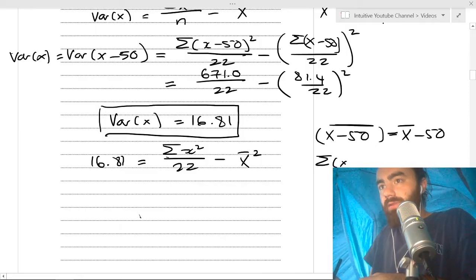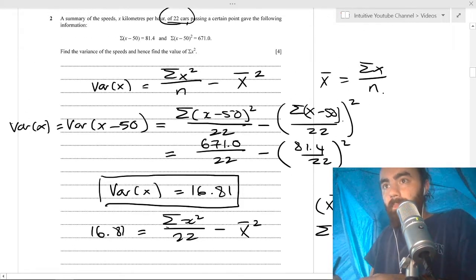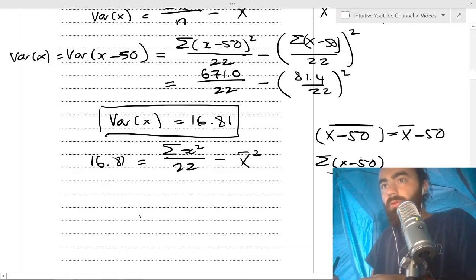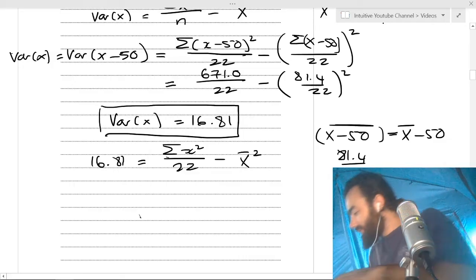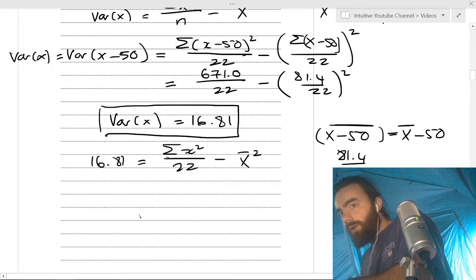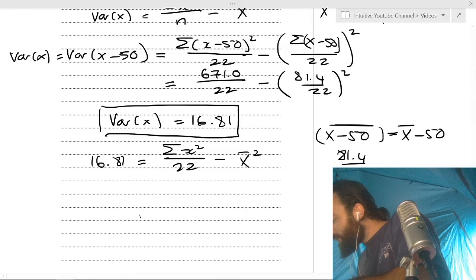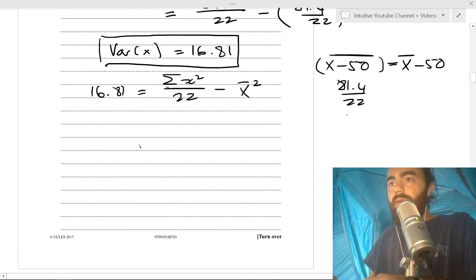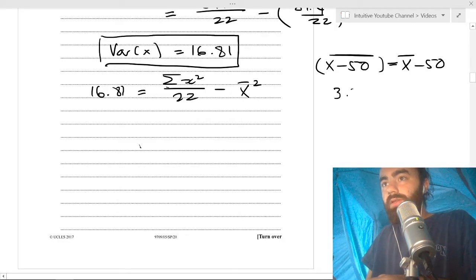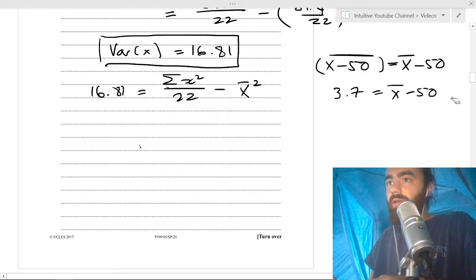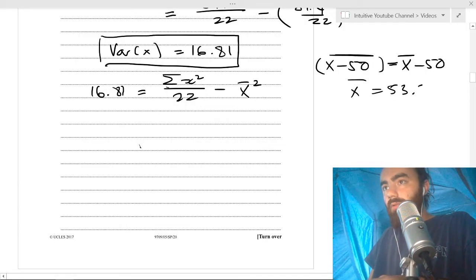So if we shift all of the points over by 50, we're also just shifting the mean over by 50. We can calculate this: the sum of x minus 50, which we did above, over 22, which equals 81.4 divided by 22, which is 3.7. So 3.7 equals the mean of x minus 50. If we take that over, we get a value for the mean, which is 53.7.